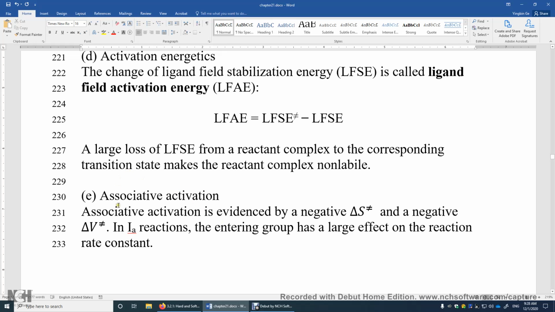In these I sub A reactions, this subscript A stands for associatively activated. The entering group matters. It has a very large effect on the reaction rate constant. Also, experimentally, if you try different types of entering ligands and you see quite different reaction rate constants, that means this mechanism is associatively activated.